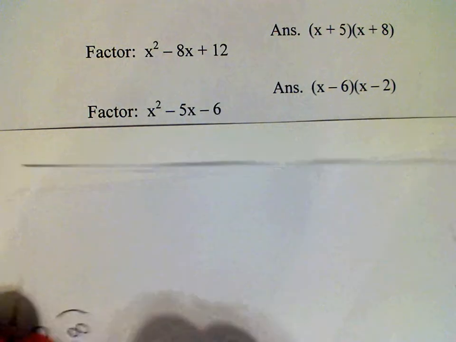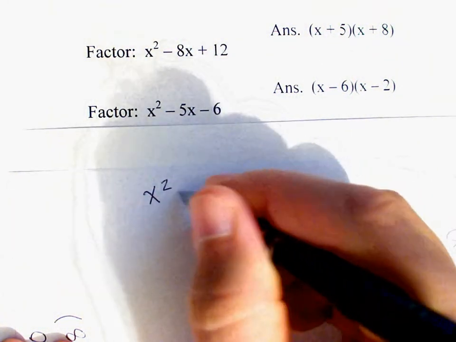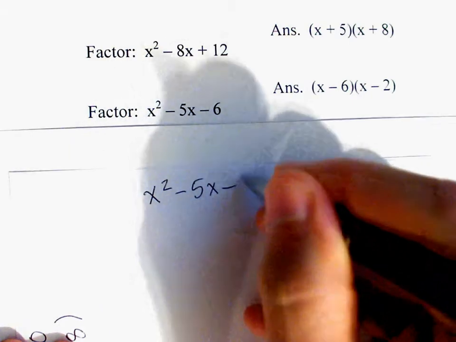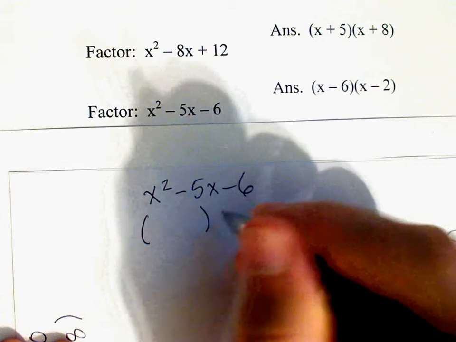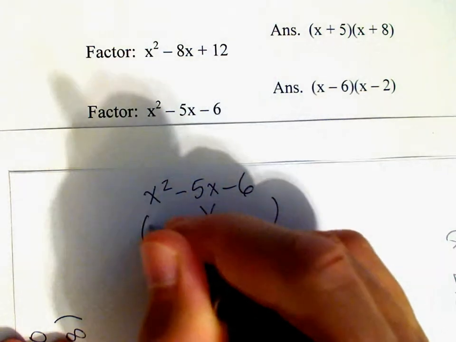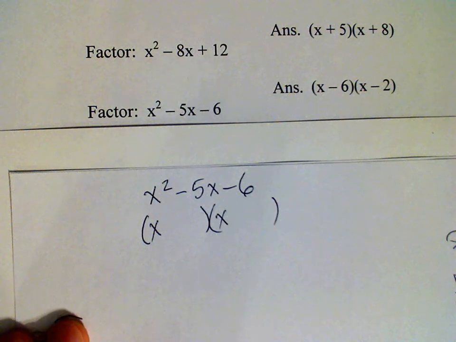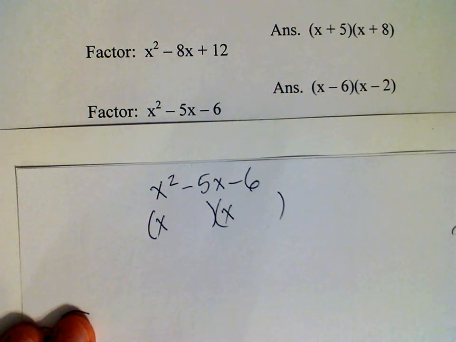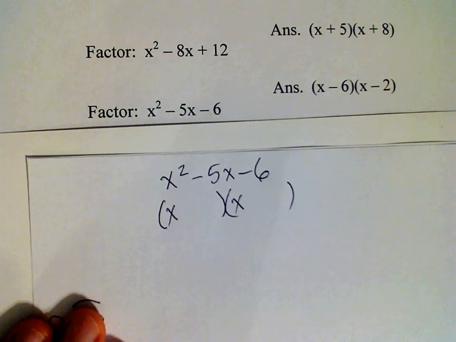Okay, next example, we have x squared minus 5x minus 6. Okay, same form, so we know we're going to have two sets of parentheses, x here, and then we want factors of negative 6 that add up to negative 5.